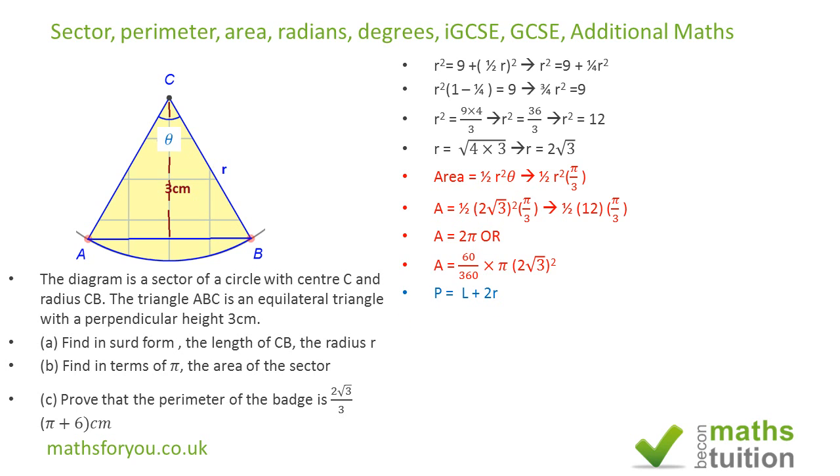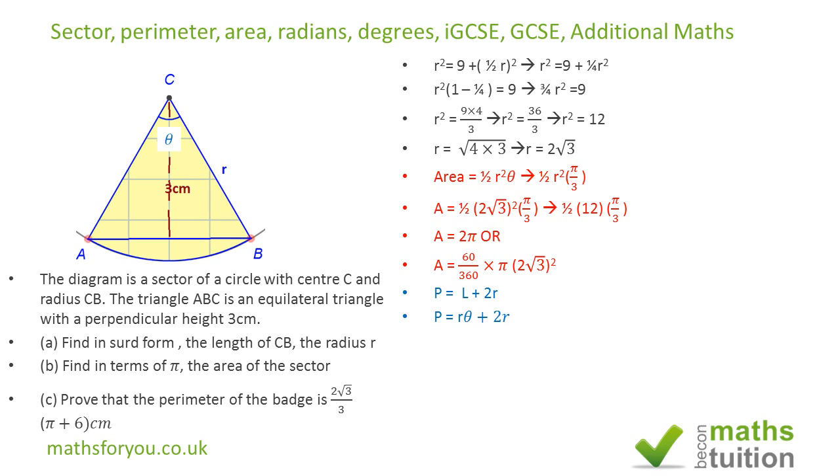And now for the third section, we're asked to prove that the perimeter is 2√3/3 times (pi plus 6) centimeters. Now the perimeter is P, and P is the arc length plus radius plus radius. So P is equal to L plus 2R.